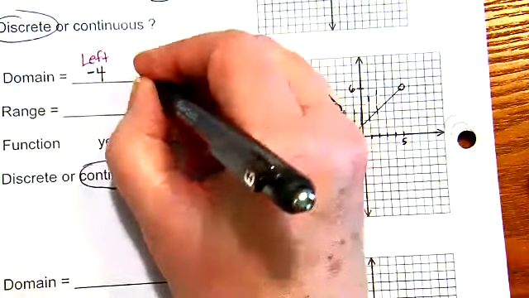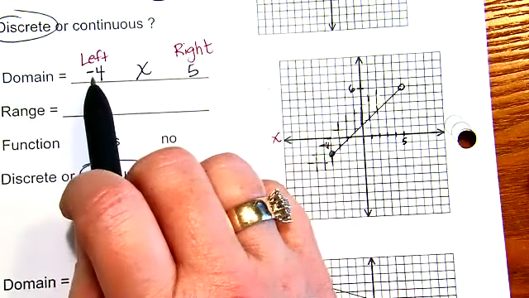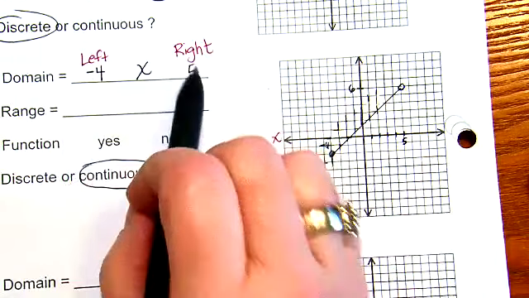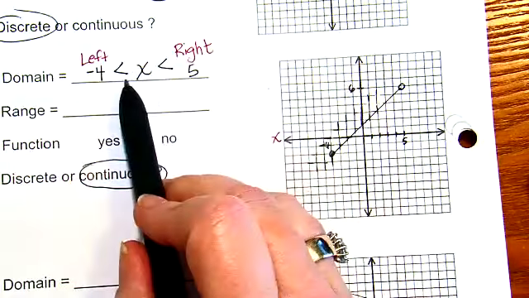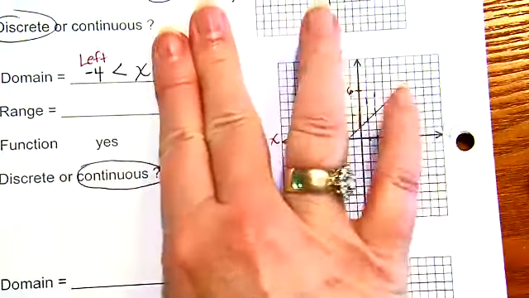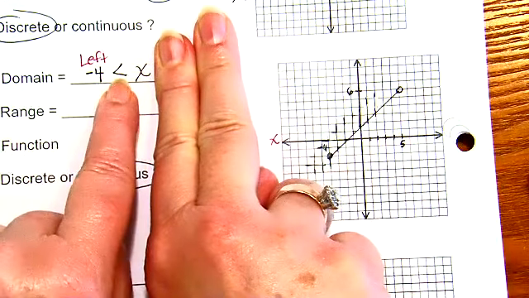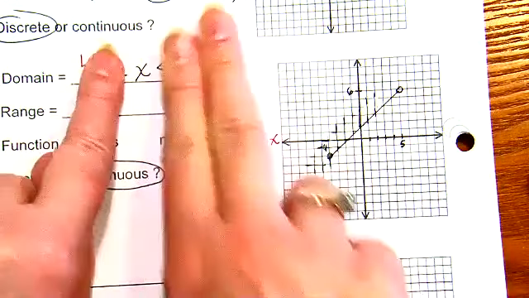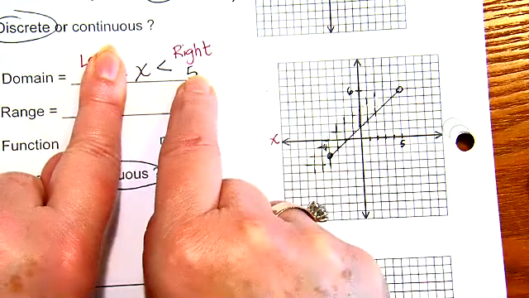Now this is a story about the X's. And again, the protocol, or what you need to do, is have the low number here and the high number there. So these are going to go less thans. But I read it backwards. So this first one, X is greater than -4, but X is less than 5.